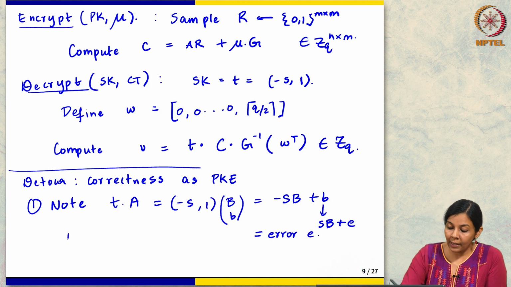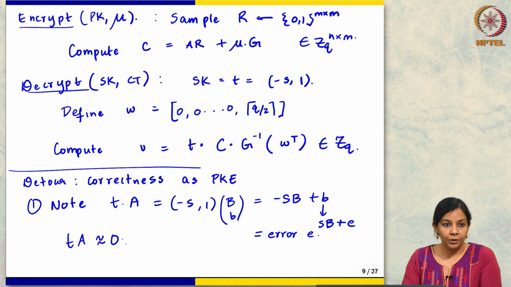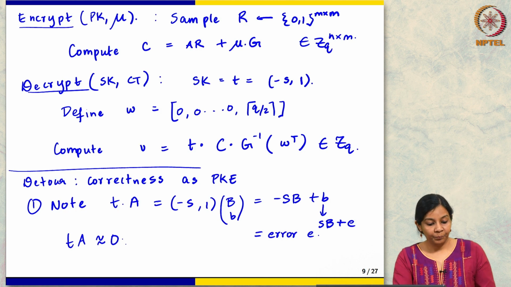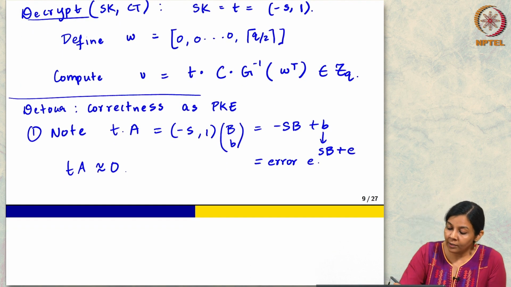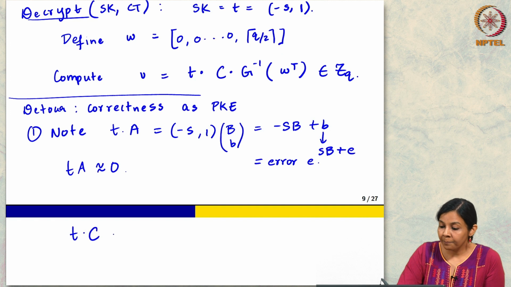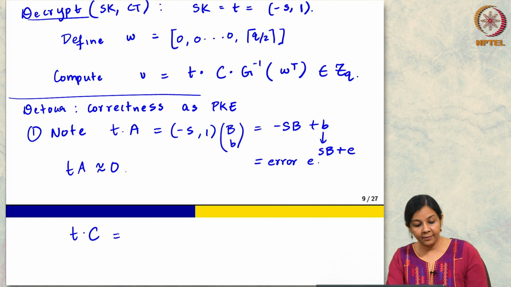So, we can say that T times A is approximately 0. Everyone agrees with that?